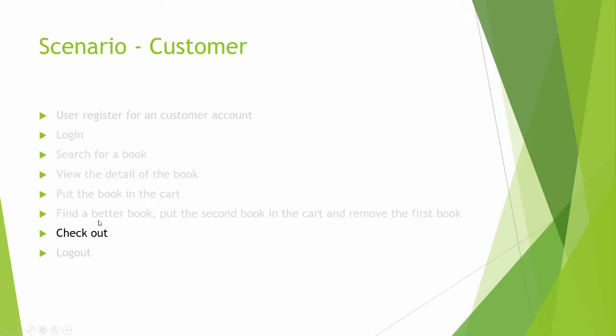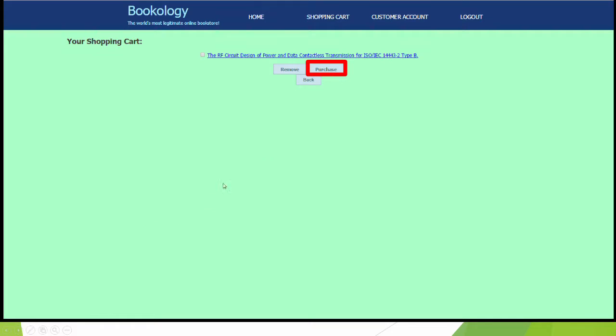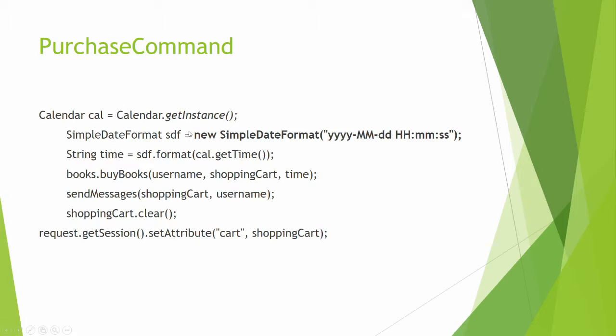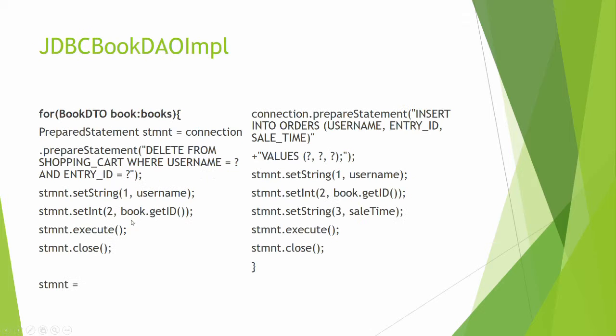So let's look at what happens when the user checks out. If the user wants to purchase an item, he just needs to press the purchase button. In the background, it will use the shopping cart DAO and then trigger the JDBC book DAO implementation.